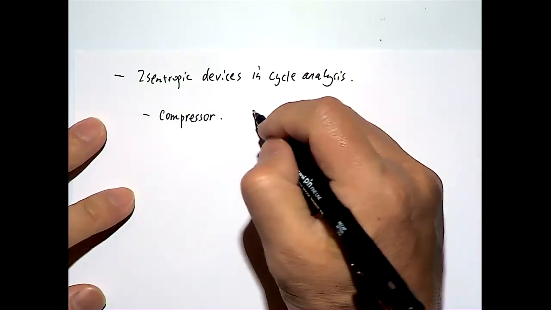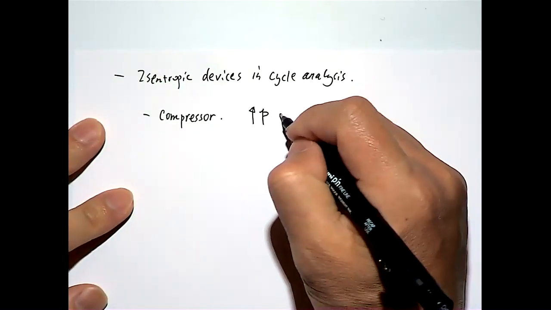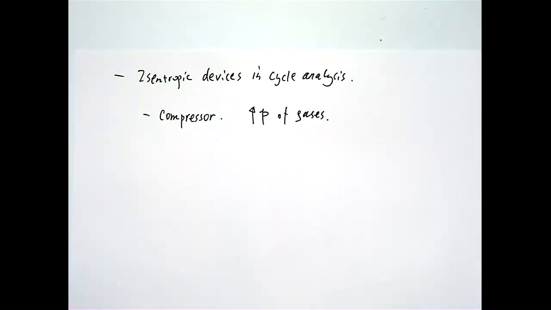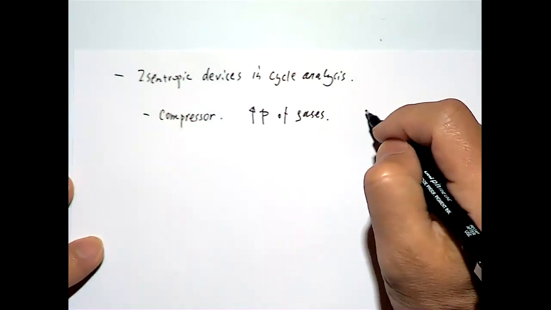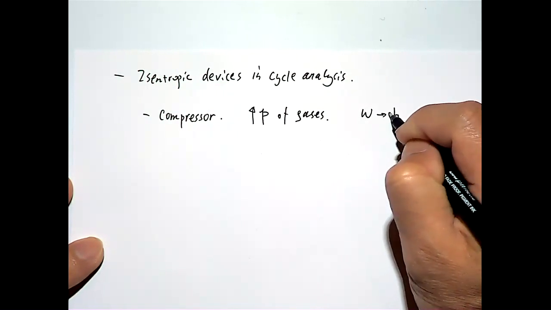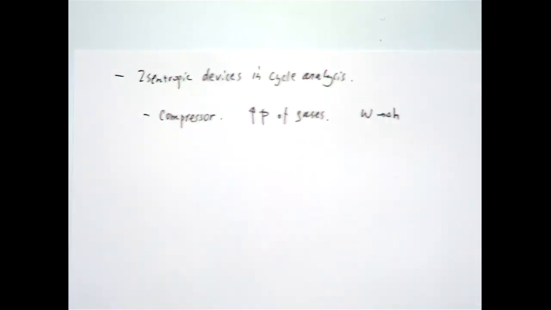The purpose of it is to raise the pressure of gases. And during that process, external work is added to the system containing the gas, and converted into the enthalpy of the gas. So external work is converted to enthalpy in that process.